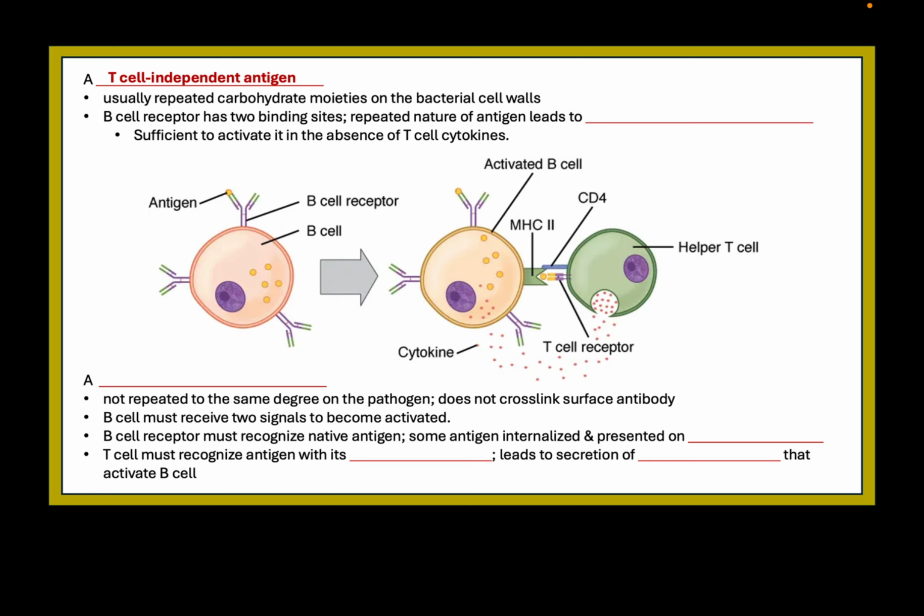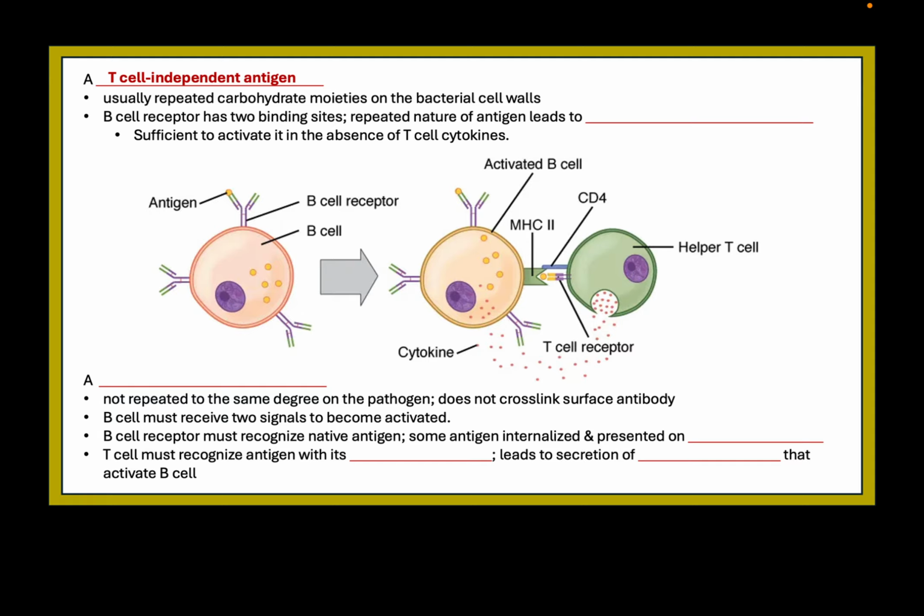All right. So I mentioned earlier that we had T cell dependent and T cell independent antigens. Most antigens are going to be T cell dependent, but there are some that are independent. So usually T cell independent antigens are repeated carbohydrate compounds that are on bacterial cell walls.